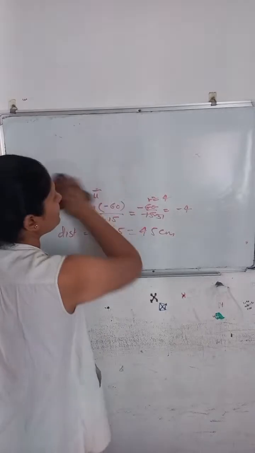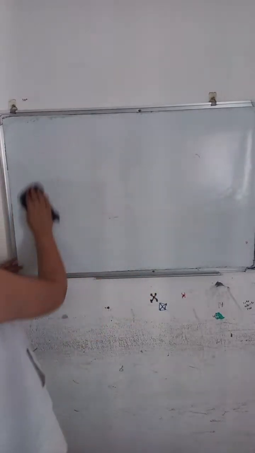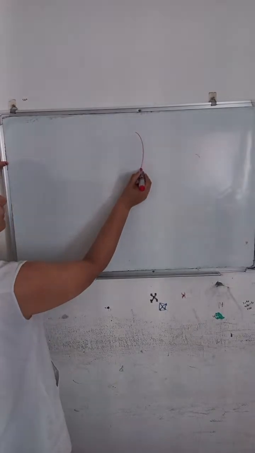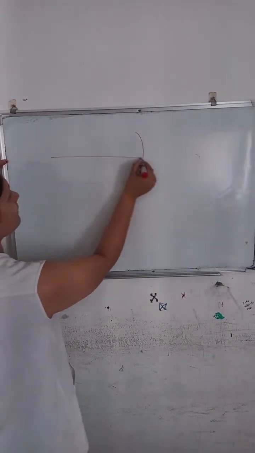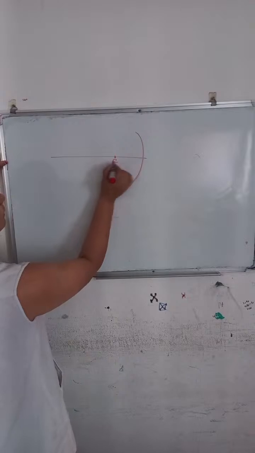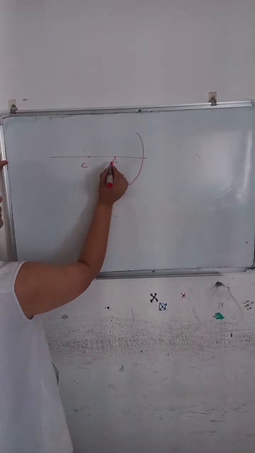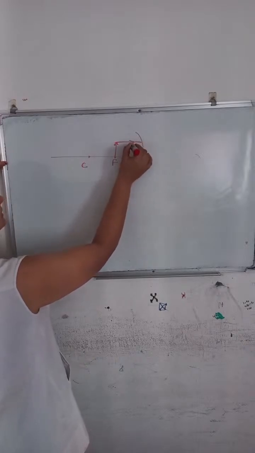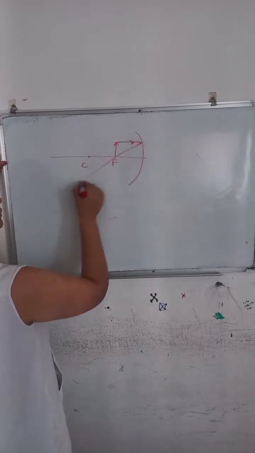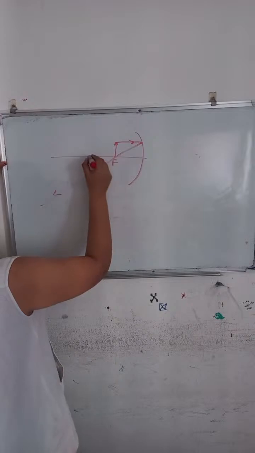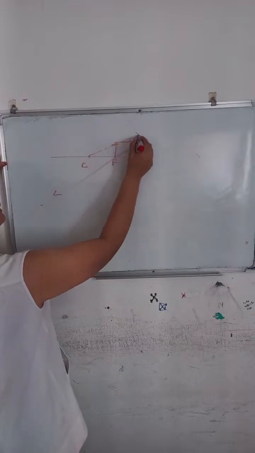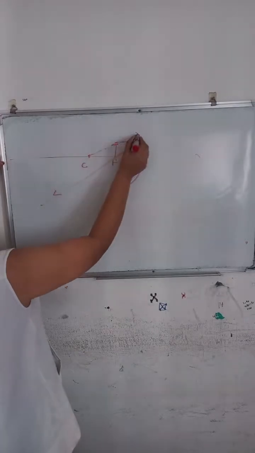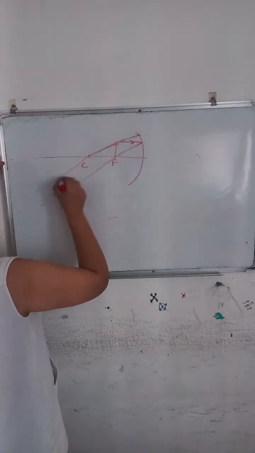So a concave mirror is there. This is focus, this is center. Object is kept somewhere here. Then this is the first ray, parallel, passing through the focus. Another ray of light, you can pass from the center. You can take a scale and draw.